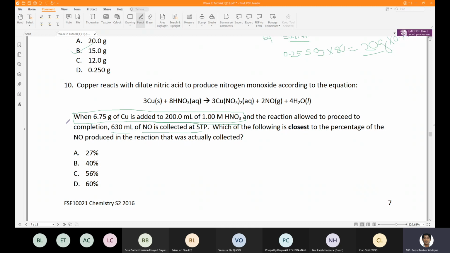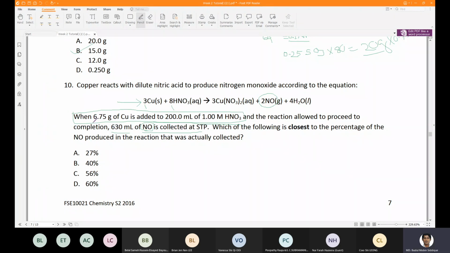Looking at the equation, this reaction is 3 moles of copper reacting with 8 moles of nitric acid, and it produces, because it says nitric oxide is our only interest, 2 moles of nitric oxide.